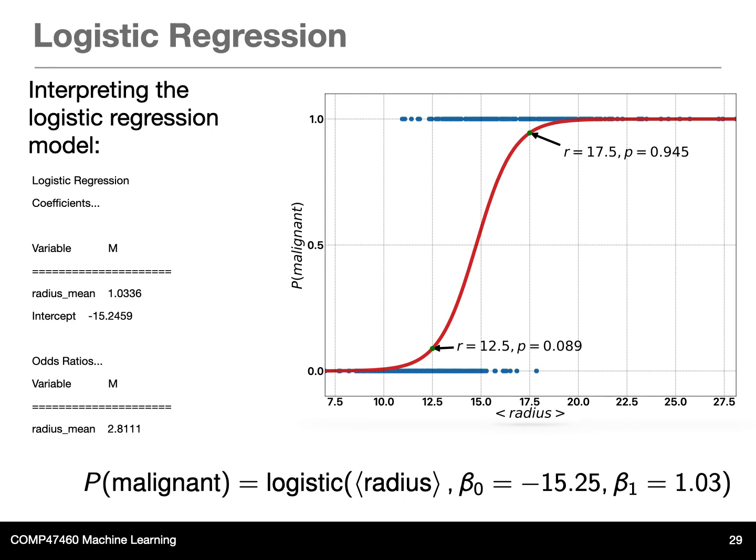After running the logistic regression model in Weka, we find the best fit parameters below, and I've plotted this model in red for our tumor dataset. You can see how to make predictions for the probability that a tumor is malignant or benign for a given tumor radius. There are 2 points shown on the graph.